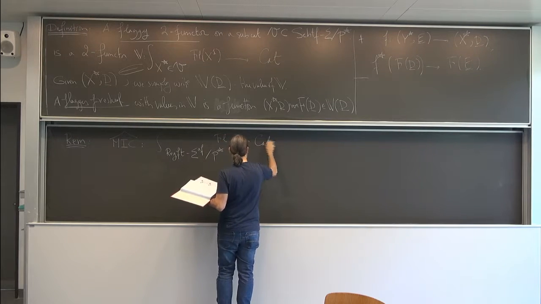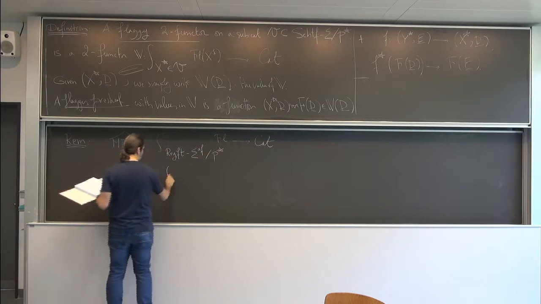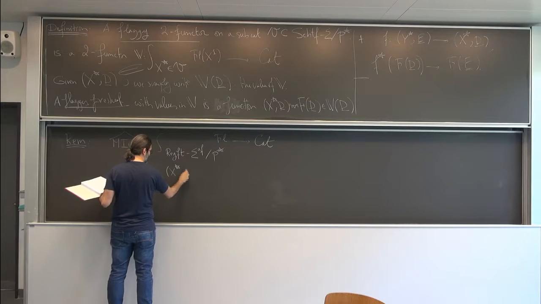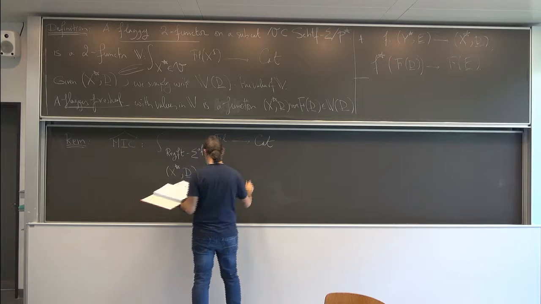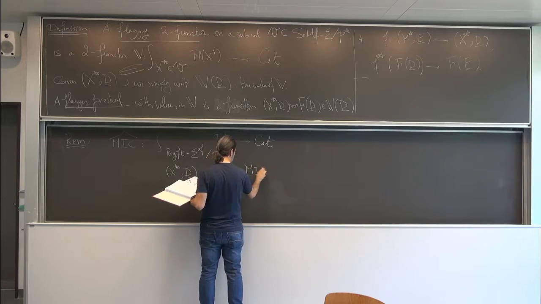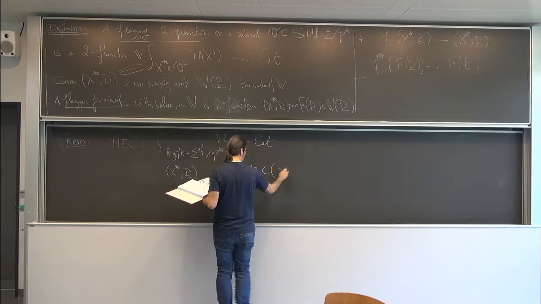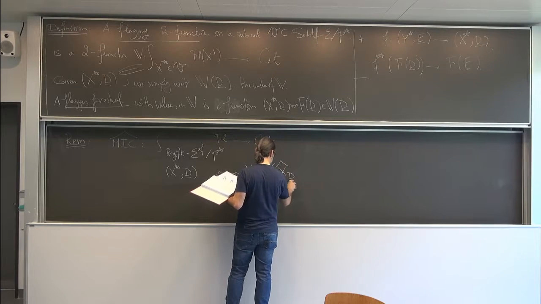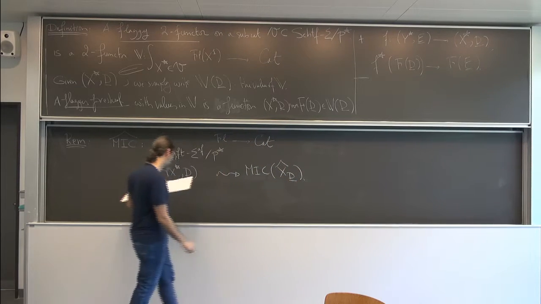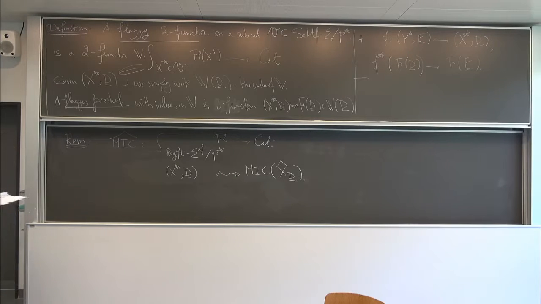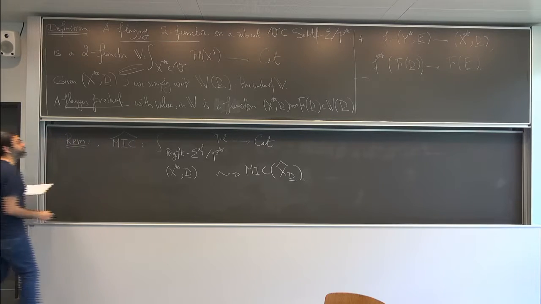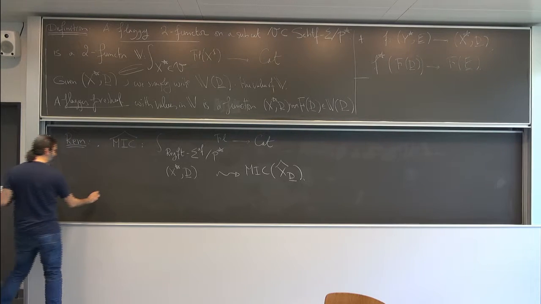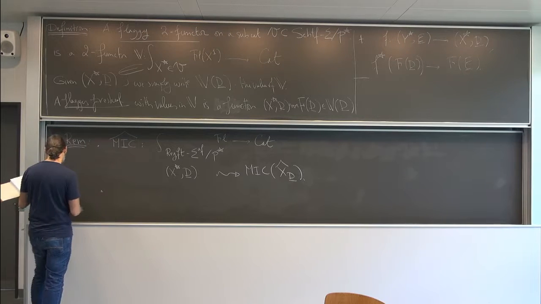It takes a pair like this and sends it to the category of modules with integrable connection on the completion of X at the flag D. So this is an example of a flaggy two-functor.